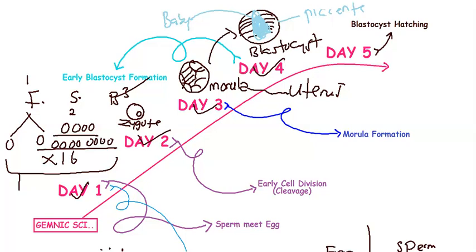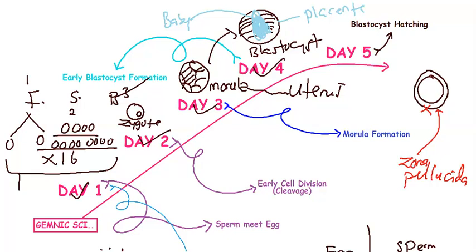By day 5, notice that what really happened is this. The blastocyst will simply hatch out of the zona pellucida. Because from day 1, we said the zona pellucida is the one that protected it. But by day 5, it will simply cut through and hatch out. The reason why it hatches out is to allow the blastocyst to grow and prepare for implantation in the uterus.